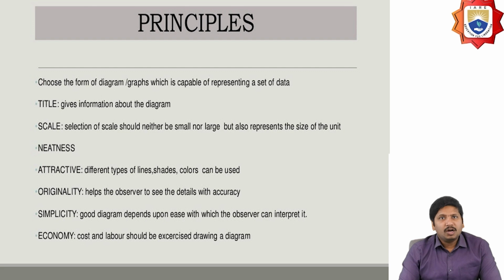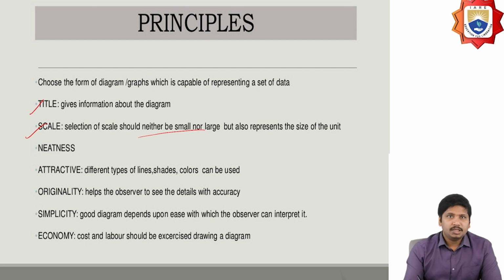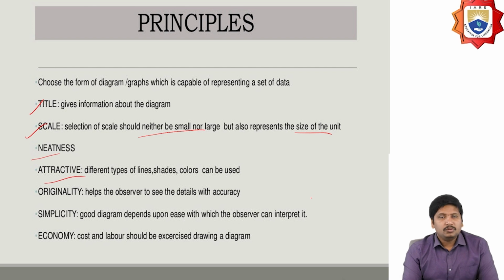So what are the principles you have to follow for this? You have to choose the title, which gives the information about the diagram. The next one is scale. The selection of scale should be neither too small nor too large, and should represent the size of the unit. Then neatness and attractiveness, which should be achieved through different types of lines, shades, and colors. Originality, which helps the observer see the details with accuracy.